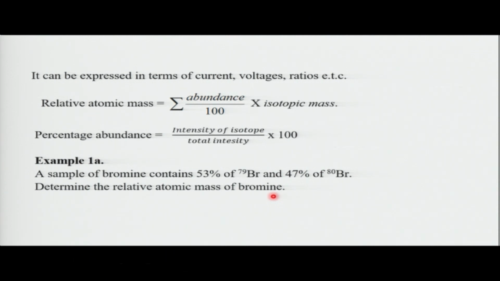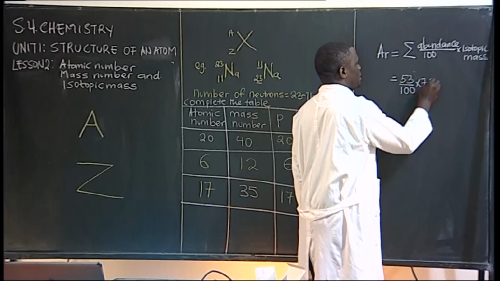So make sure you put your calculator very near. Times the isotopic mass, which is 79.